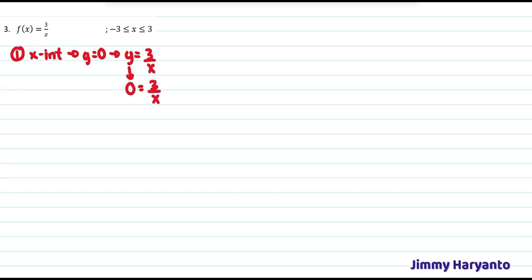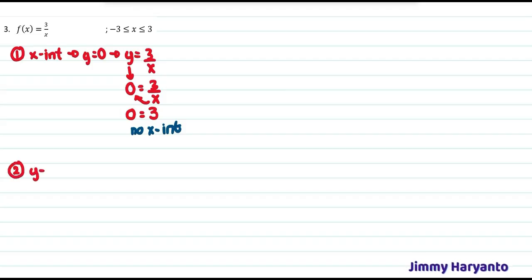So 0 equals 3 over x, and then you multiply the x to the left-hand side, cross multiplication, right? The algebra says so. So 0 equals 3, that means the x is already gone, we cannot find the value of x. That means there is no x-intercept.